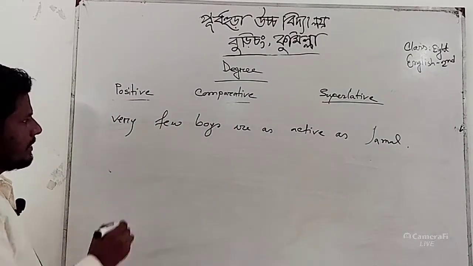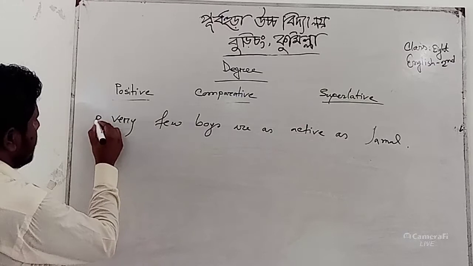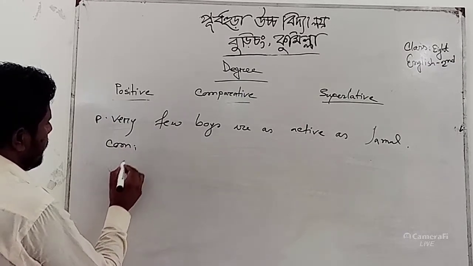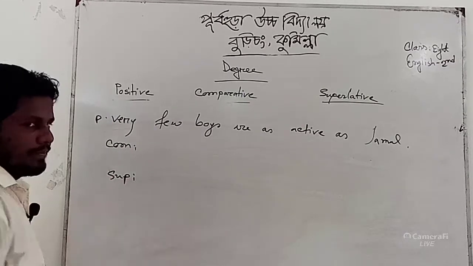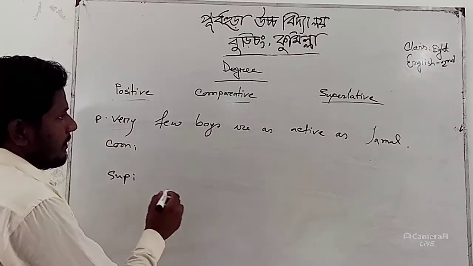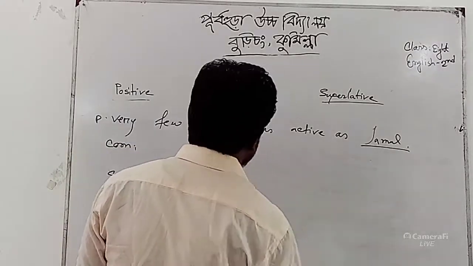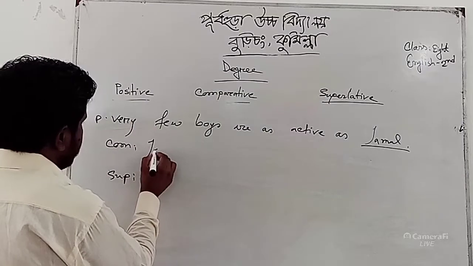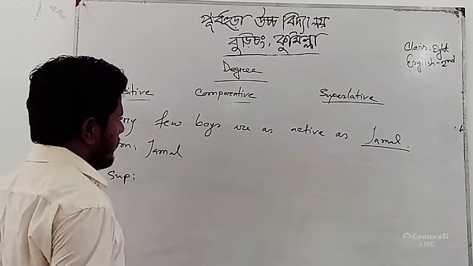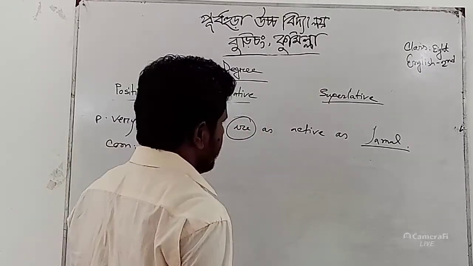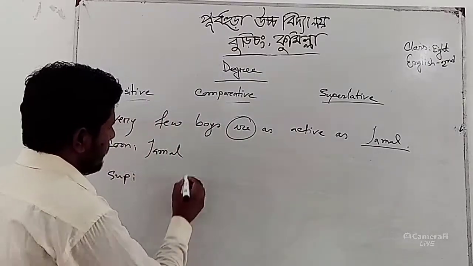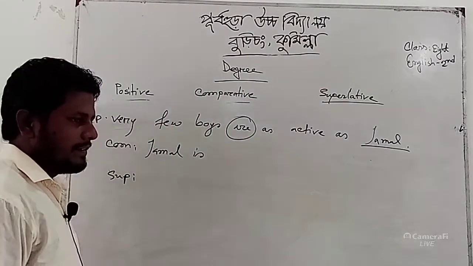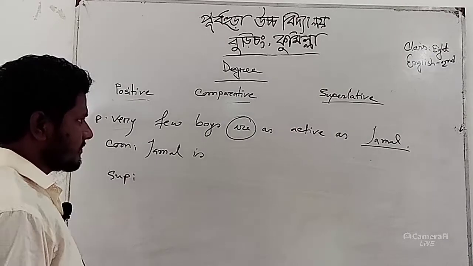Okay, dear students, look at, I have written positive degree and then comparative and superlative. Okay, we need to bring the second subject in comparative degree, Jamal. Here we can see the verb are, but Jamal is singular, so the verb will be singular is. Jamal is.